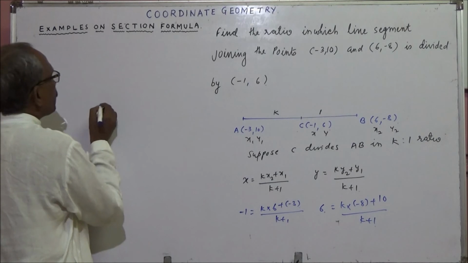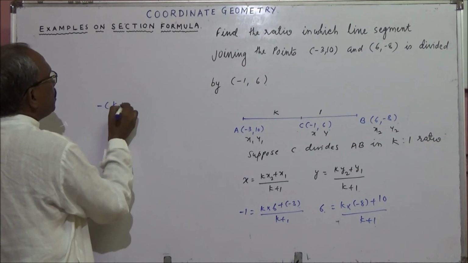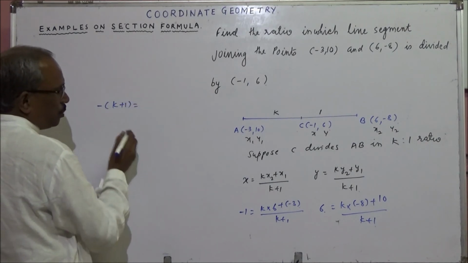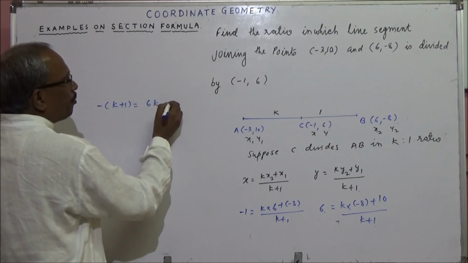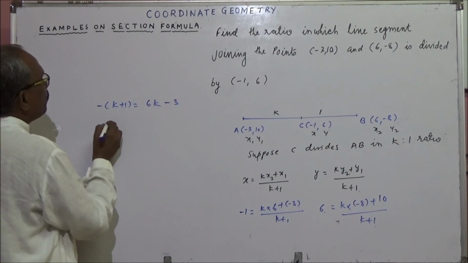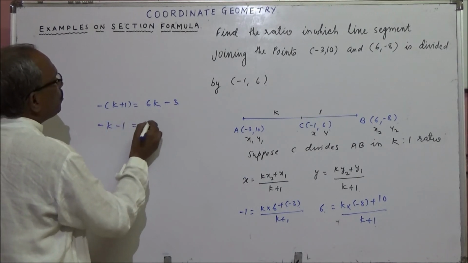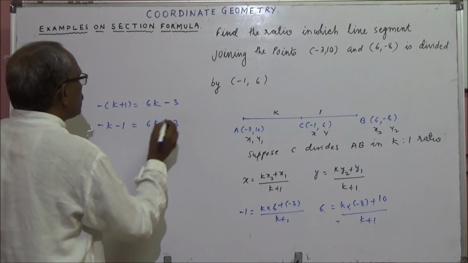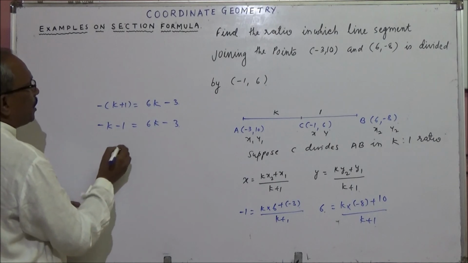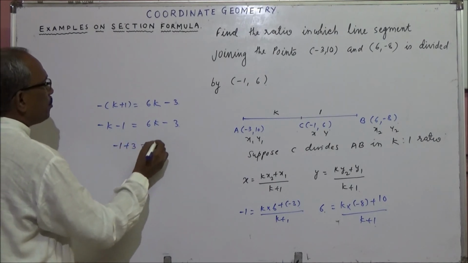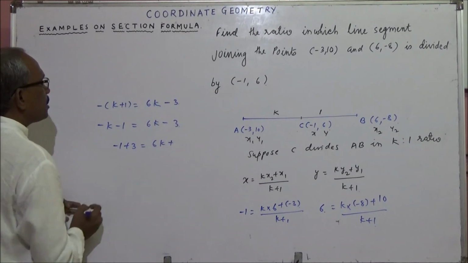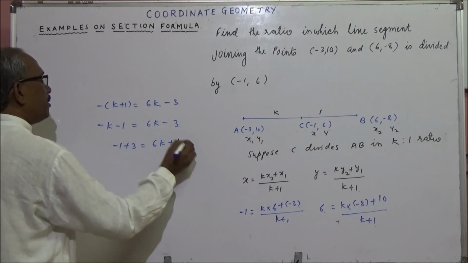So -1 into (k plus 1) is equal to 6k minus 3. -k minus 1 is equal to 6k minus 3. So I'll write here -1 plus 3 is equal to 6k plus k.